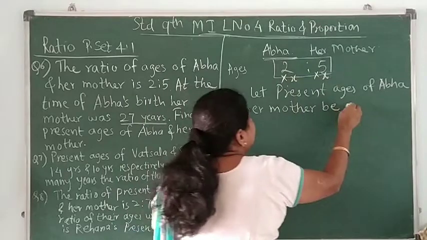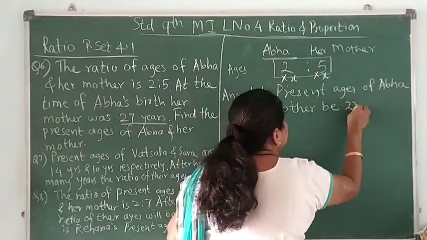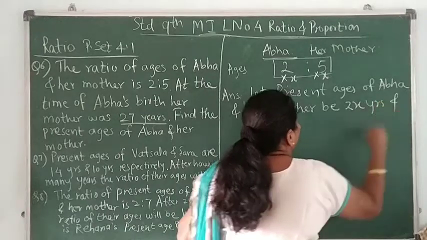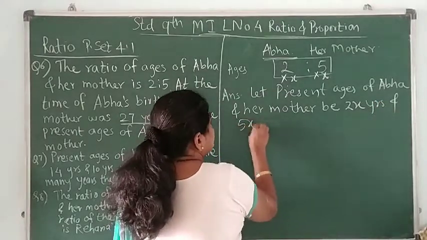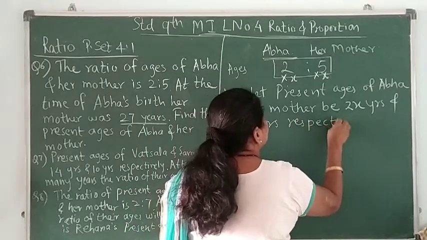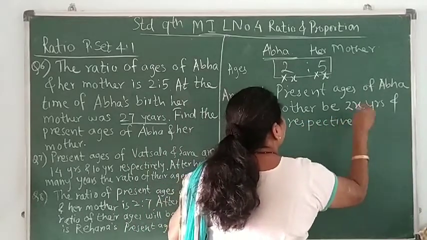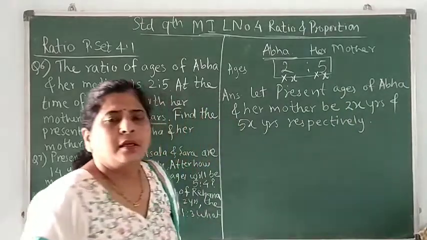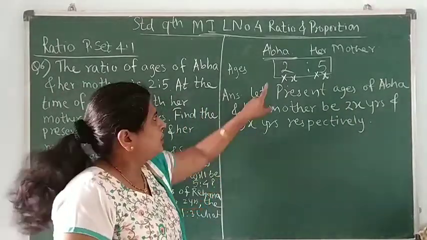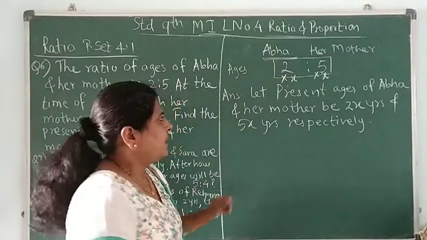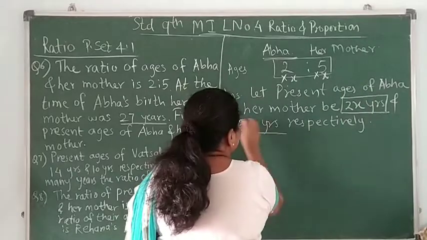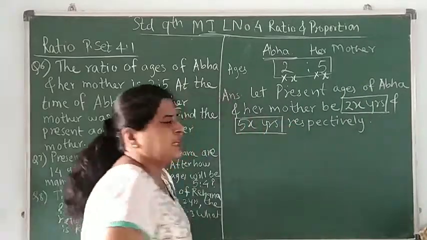So when we multiply this 2 by x, it is 2x, and as it is age, we write years, and 5x years respectively. So the first thing, we are multiplying a non-zero multiplier x to the numbers in the ratio, and we have assumed Abha's age is 2x years and her mother's age is 5x years.